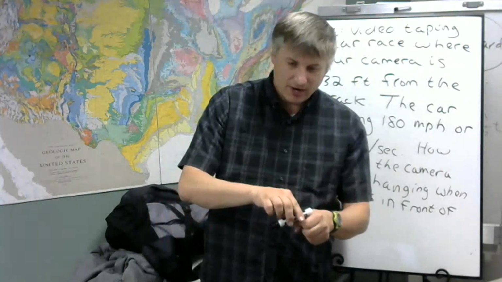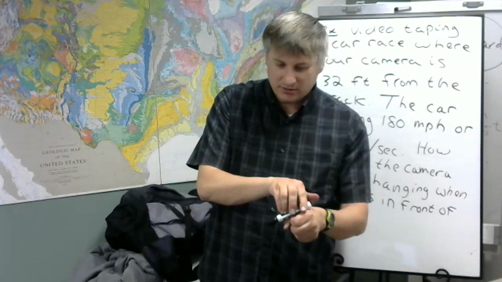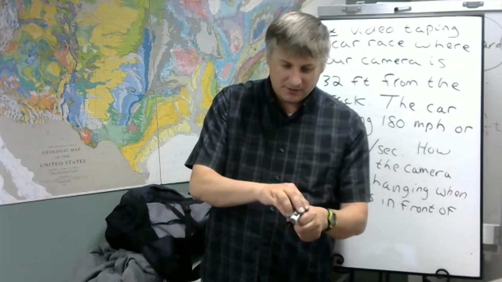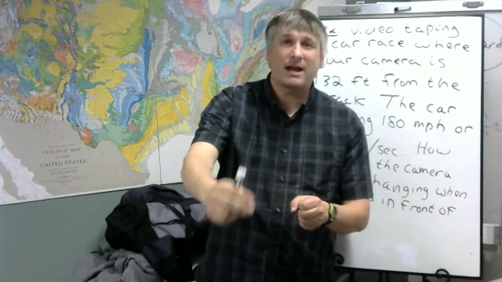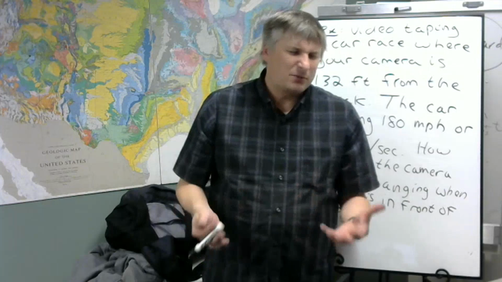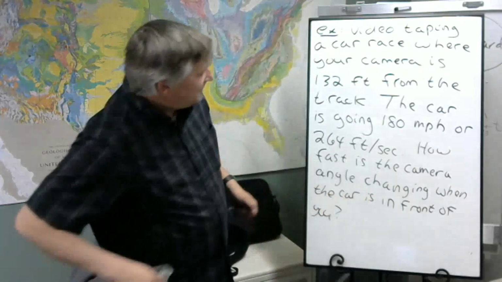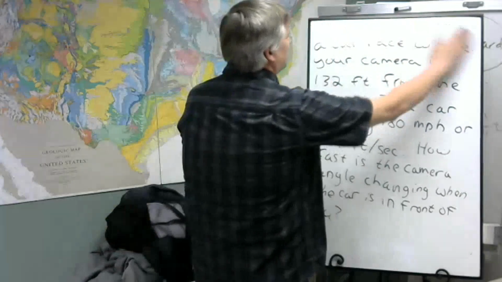So when the car is right in front of you, what that's going to mean is that right when it's this 132 feet, this part of the track where the distance between you and the track is smallest, that's that 132 feet. So that's what we mean by the car being in front of you. And you draw a picture of what's going on.